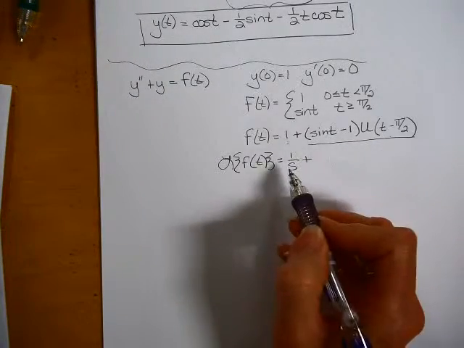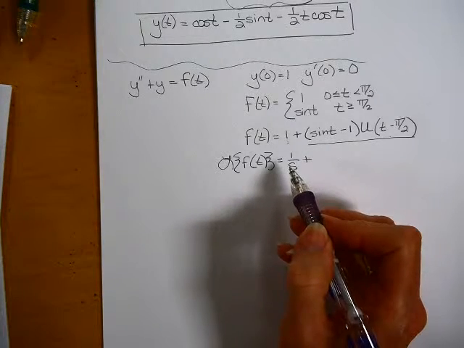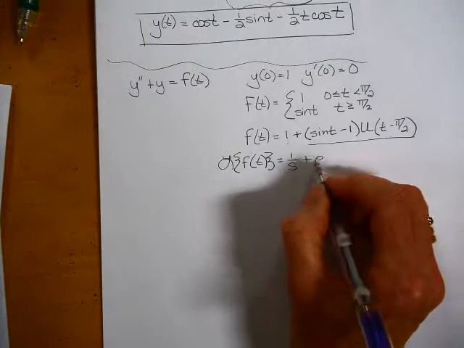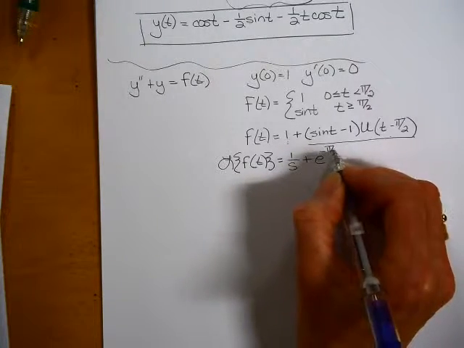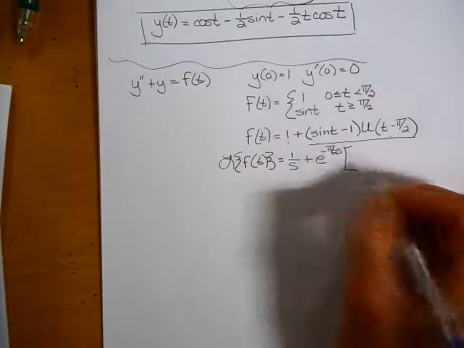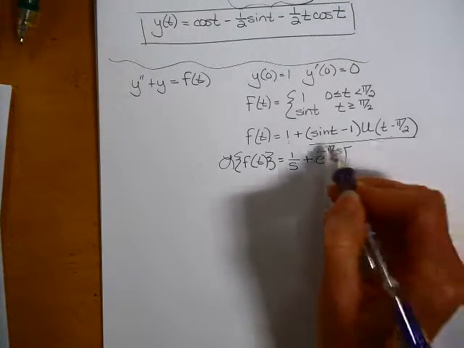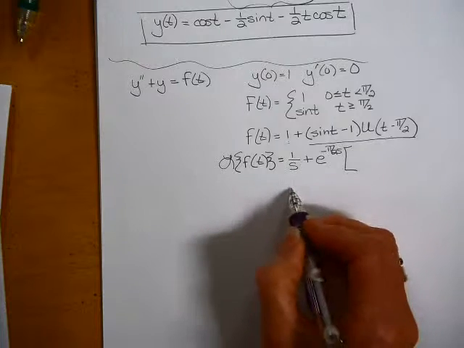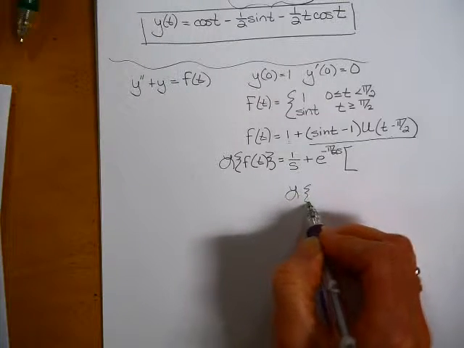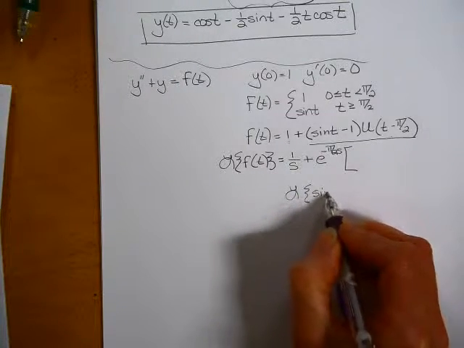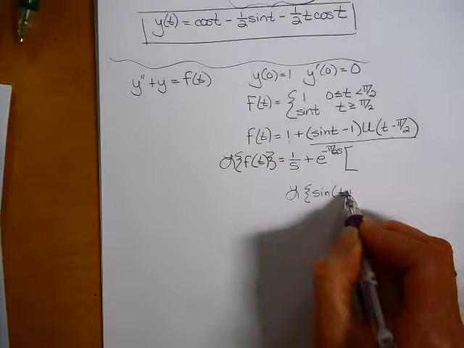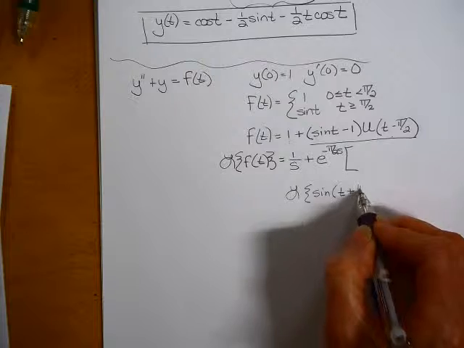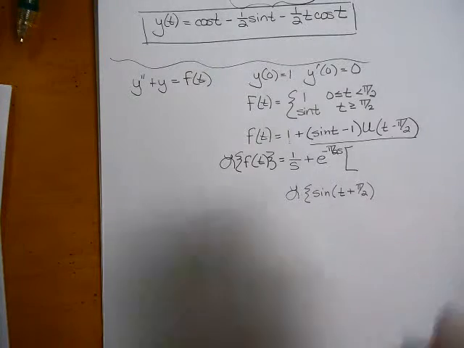So when you're taking the Laplace transform of that, I'm going to have e to the negative pi over 2s multiplied times the Laplace transform of the rest of this shifted. So I need the Laplace transform of the sine of t plus a, which is pi over 2.